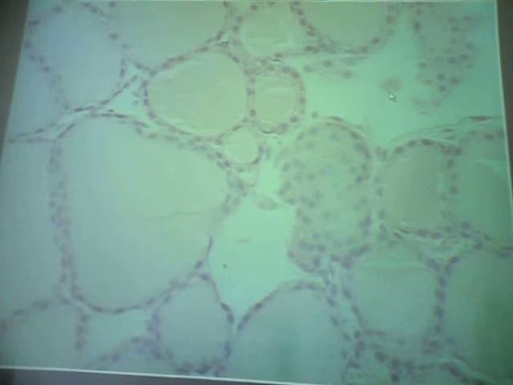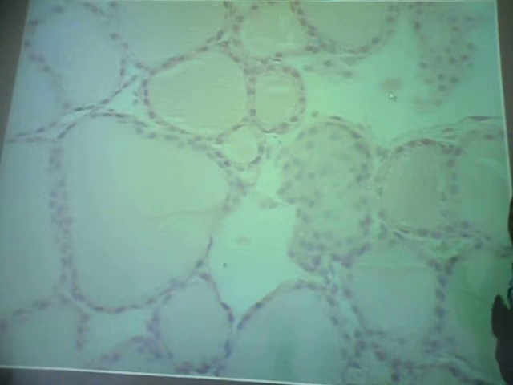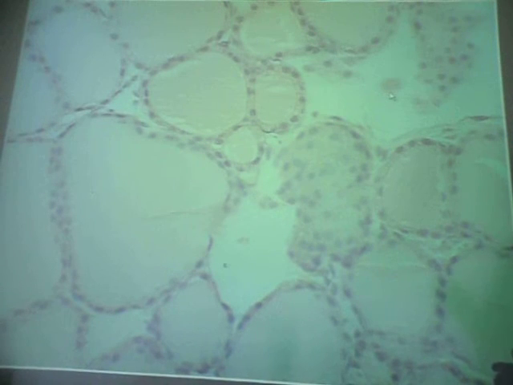Now what do T3 and T4 do? They regulate your basal metabolic rate, in other words, the rate at which you burn calories. These hormones are listed at the bottom of the first page of your hormone handout.